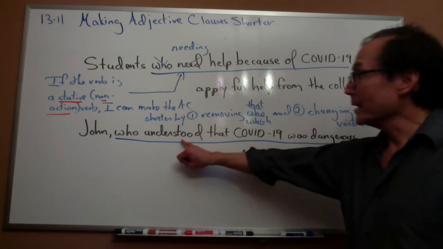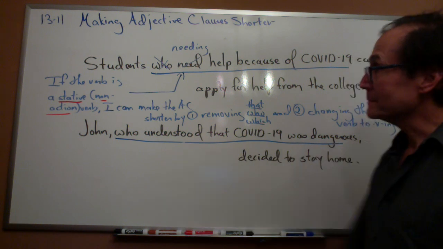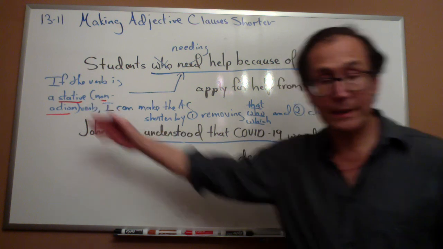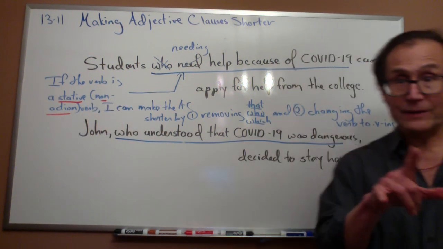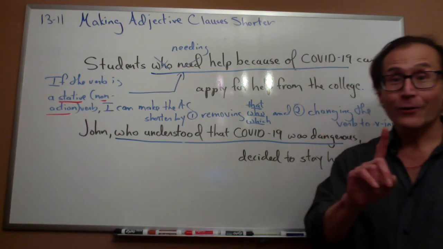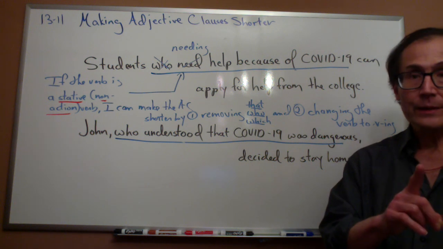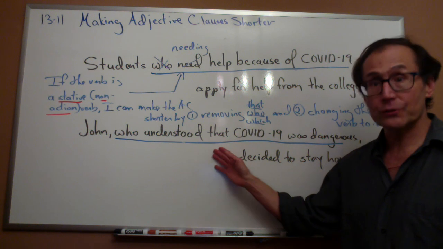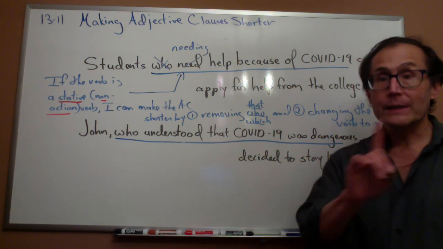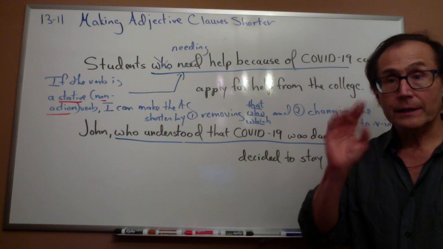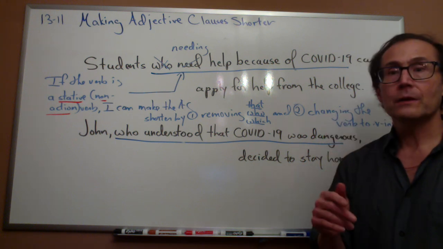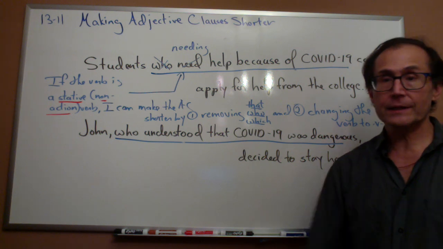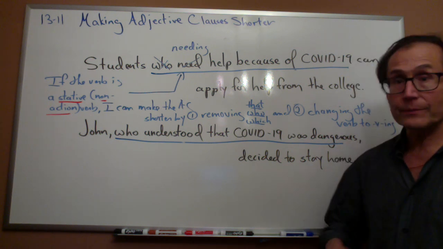Now, understand is a stative verb. Understand is one of the stative verbs. It appears on page 7 of your book. So, take a moment and ask yourself, how would I make this shorter? Please make it shorter, either on a piece of paper, or say it, or write it. And again, if you're sitting next to somebody, that's even better.